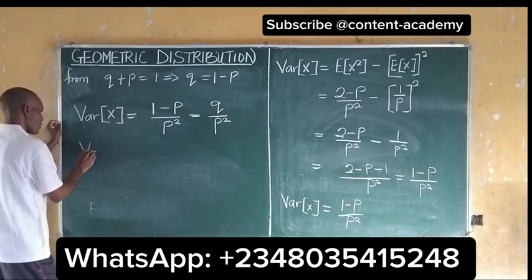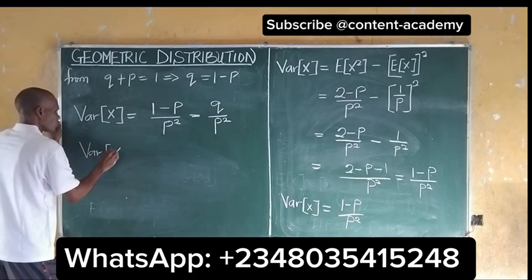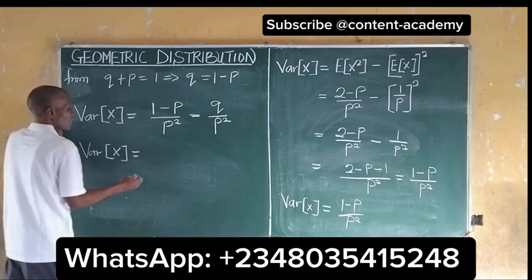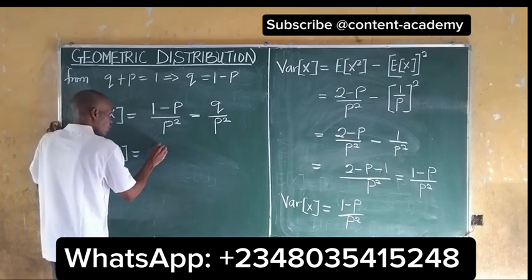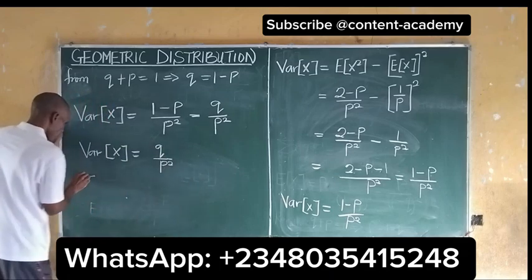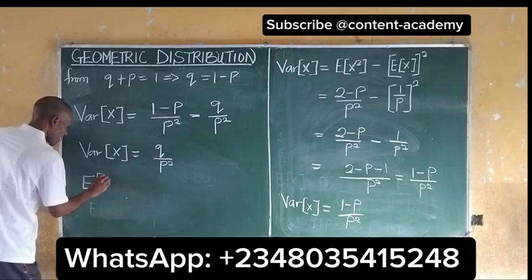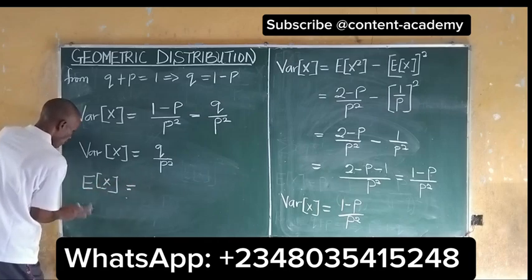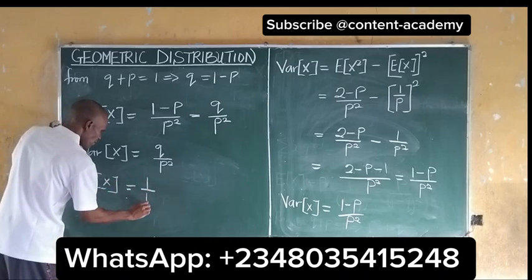It then means that our variance of x for the geometric distribution of the first kind is q all over p squared, while the expected value of x, which we got before, is equal to 1 all over p.